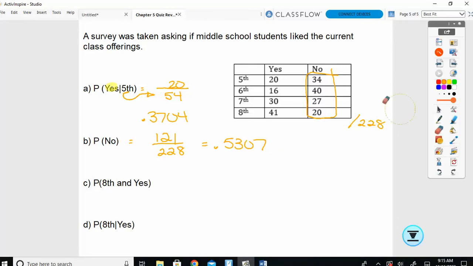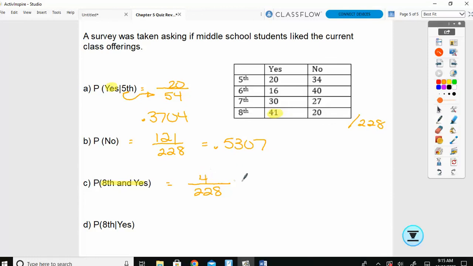C, the probability of being in 8th grade and saying yes. Did I give you a condition? No, if there's no condition, it's out of everybody. So I want only those people who were in 8th grade and said yes, they liked it.